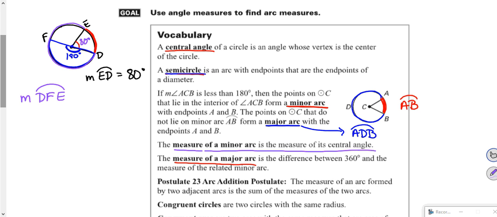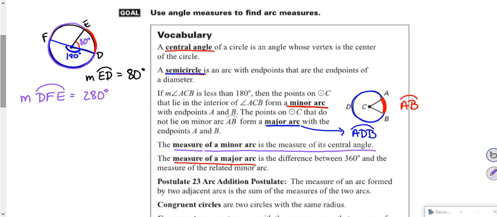So what they're saying by the definition, the difference between 360 and the measure of the related minor arc. The minor arc ED we just found to be 80, so the measure of DFE would be 360 minus 80, 280. I hope that makes sense. So the measures of the arcs are essentially the same as the central angles.